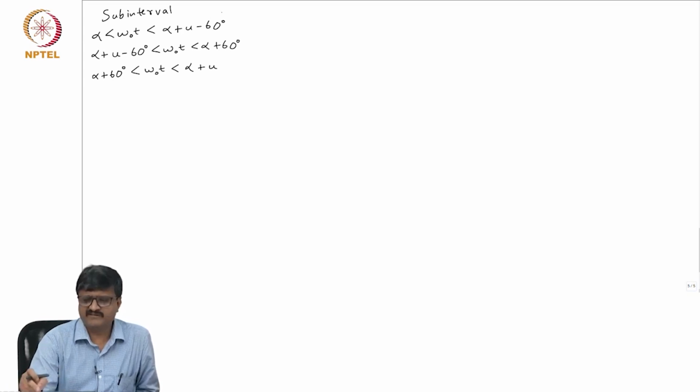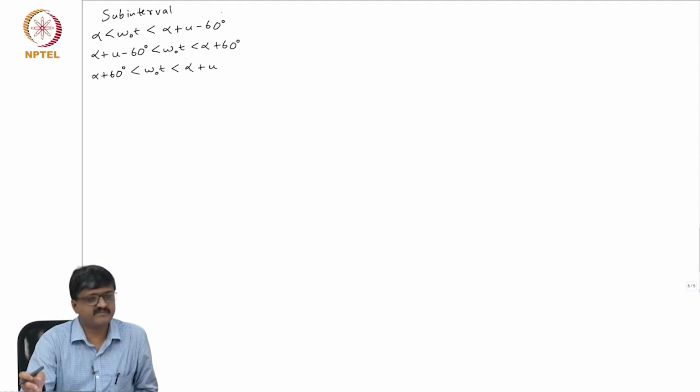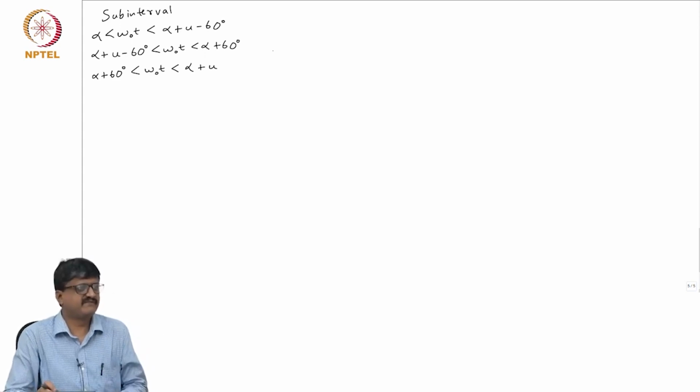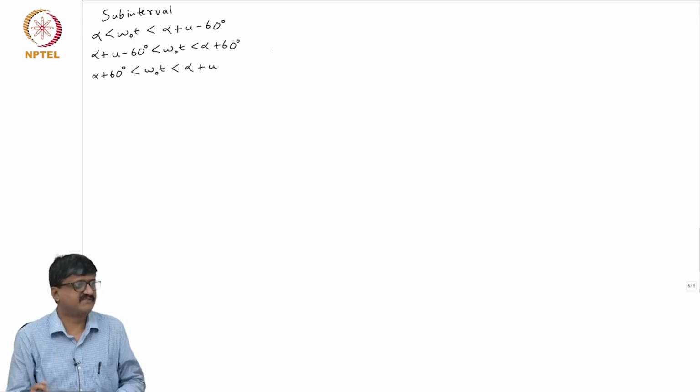See, once you know the first sub interval, you know the second sub interval. The end of the second sub interval is the beginning of the first sub interval plus 60 degrees. So, if you want to just write any row, go back 2 steps backward and add 60, that is all.